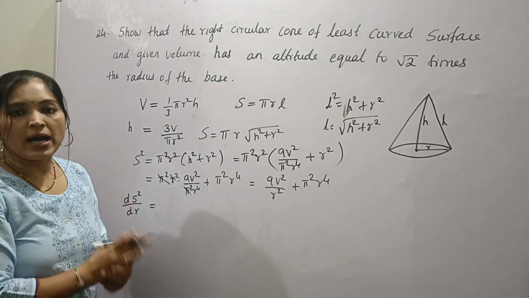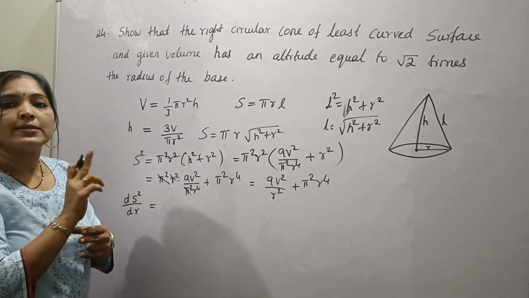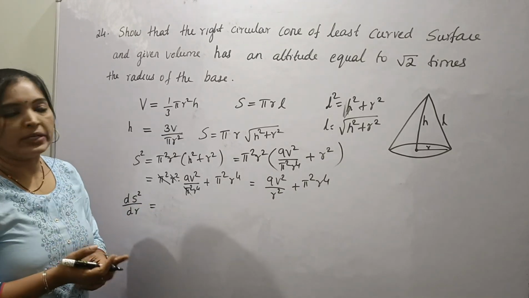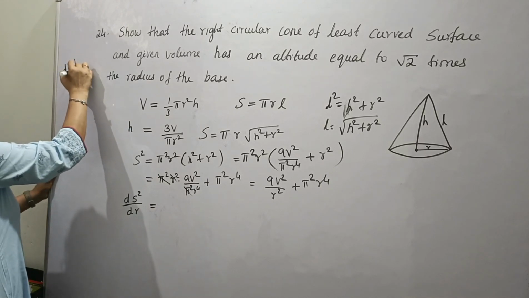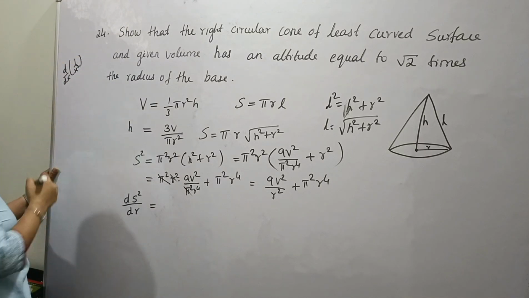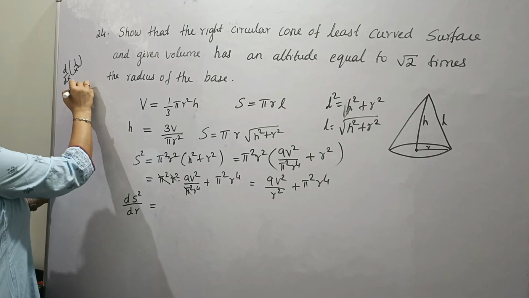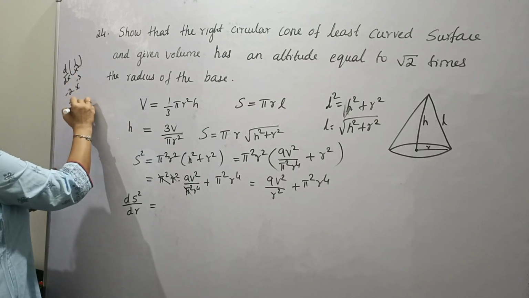We know the derivative of 1 by x square: d by dx of 1 by x square is x raised to minus 2, so minus 2 into x raised to minus 3, that is minus 2 by x cube.